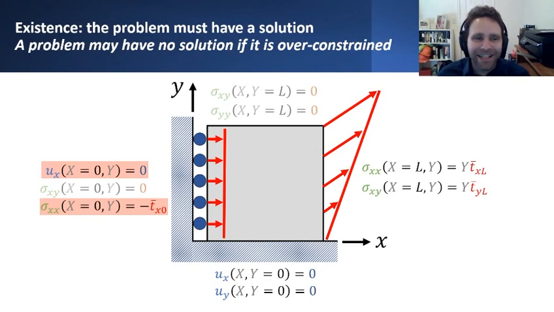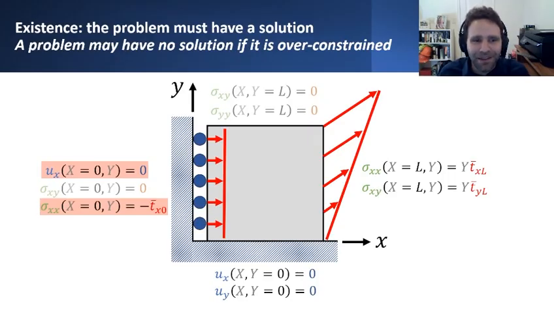However, if I come back and say I would like to prescribe the x displacement along this edge in this direction, and by the way, I also want to prescribe what the resulting reaction force should be, or the sigma xx component of traction on this left face, because I expect it to be some particular value.